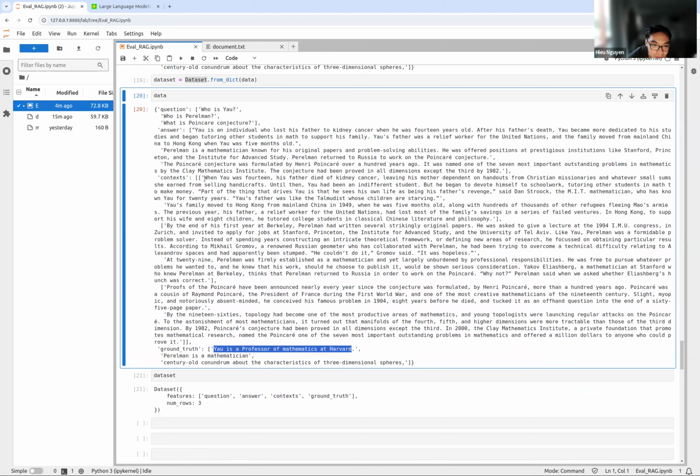I think the scoring's telling us what you picked up intuitively, which is that the ground truth answer didn't appear in any of the context and therefore also didn't appear in the answer.